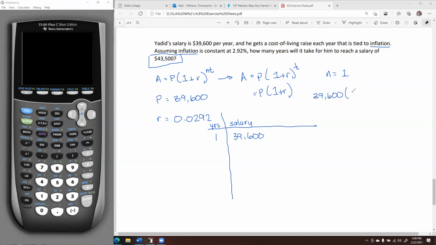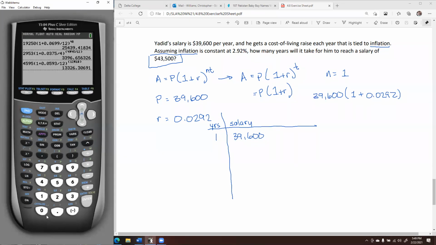39,600 times the quantity, 1 plus 0.0292. We'll just run that in our calculator. So let's do this. We'll have 39,600 times the quantity, 1 plus 0.0292, and then we will close the parentheses, hit enter.